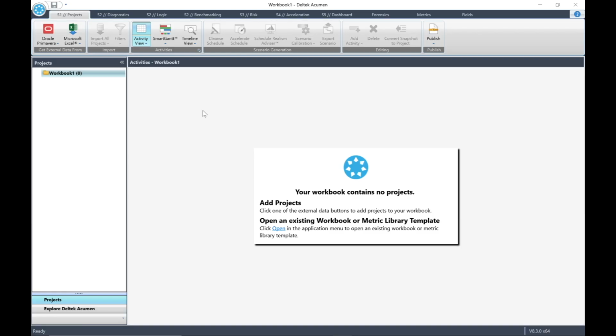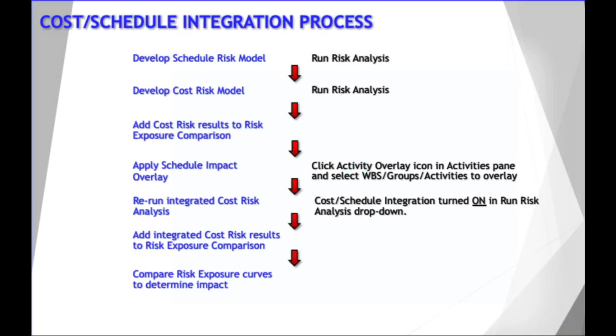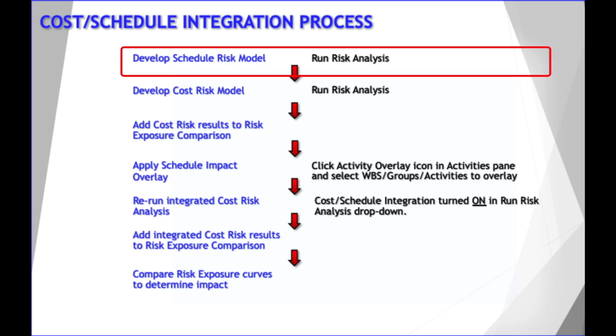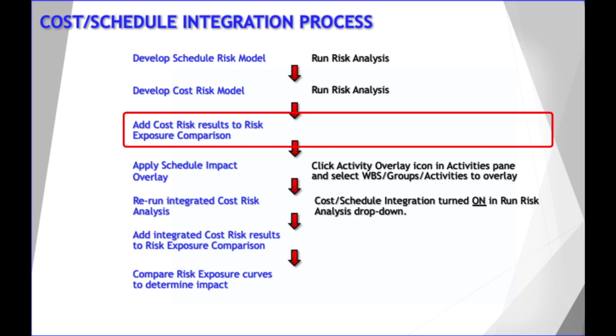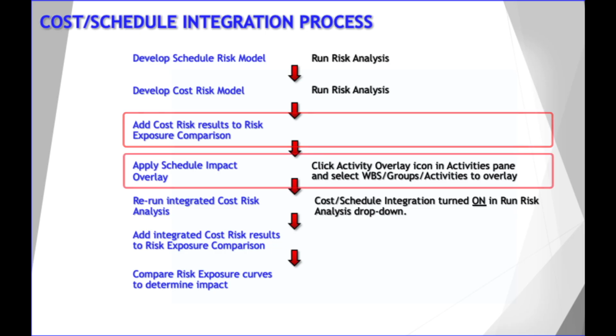analysis. So the process for integrating our cost and schedule models in Acumen Risk is: develop the schedule risk model and run a risk analysis. Then, develop the cost risk model and run a risk analysis. Add the initial cost analysis results to the risk exposure comparison.